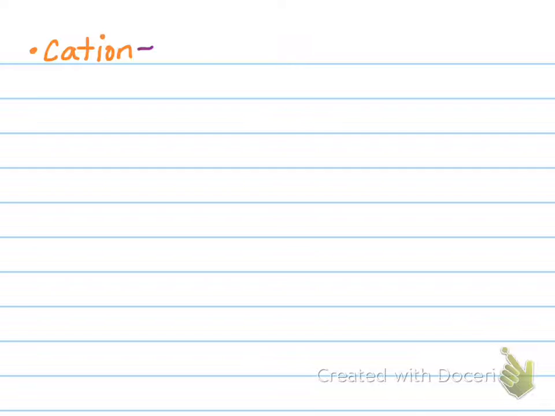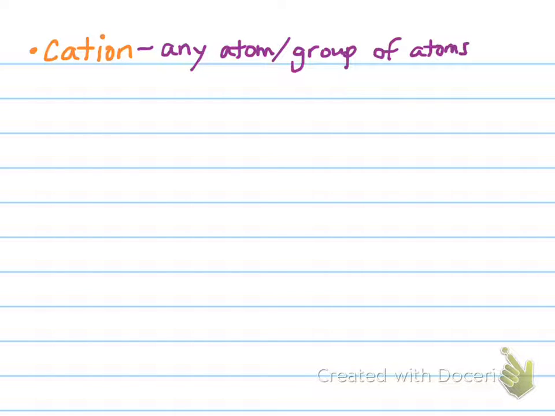A cation is defined as any atom or group of atoms that has a positive charge. Okay, so remember, a cation is specifically an ion that has a positive charge.